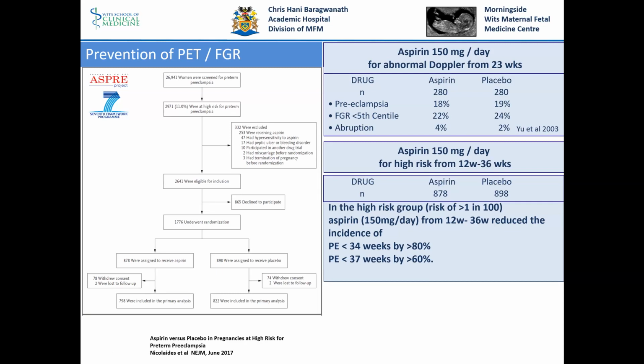And those who had abnormal uterine artery Dopplers and so on were given aspirin, but the results were completely similar to those who received placebo. The answer was it was too late. Then fast forward many years later, the same amount of aspirin was given in the first trimester to patients who screened positive for preeclampsia, and that worked pretty well.